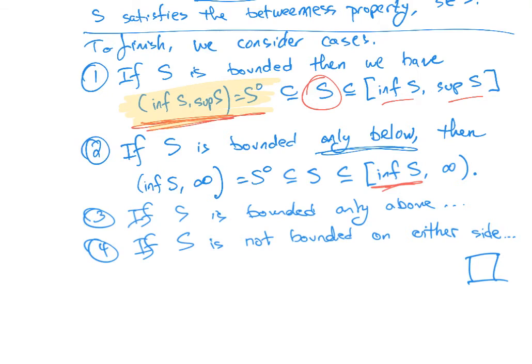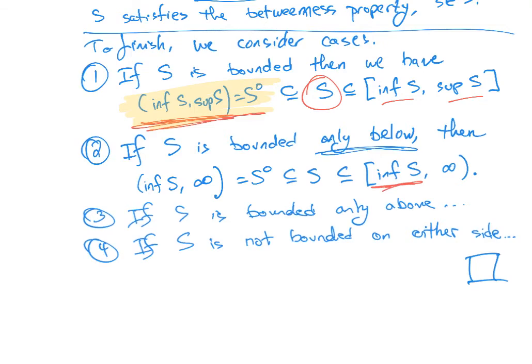Take any point in between them. Now think about the definitions of infimum and supremum. A point in between them would be greater than the infimum. That means that it isn't a lower bound. And it's less than the supremum. That means that it's not an upper bound.